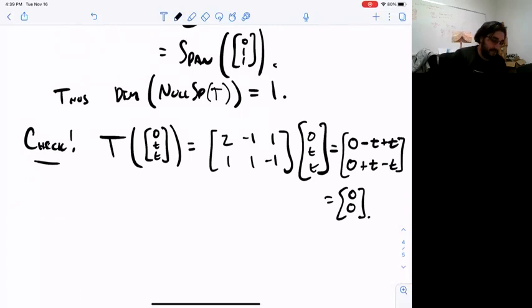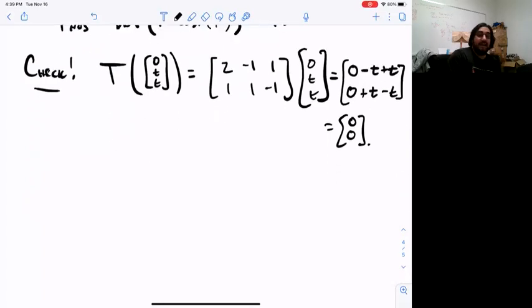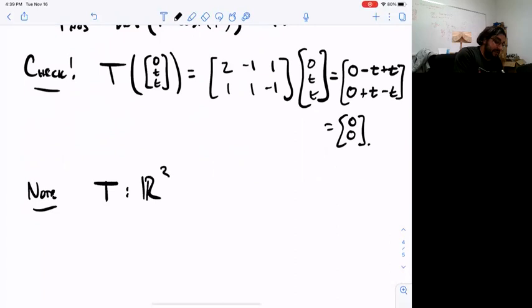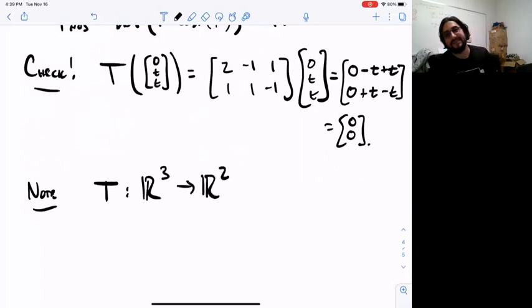So that's good. Now, I claim here it had to have a one-dimensional null space at least, because this T was mapping a three-dimensional vector space into a two-dimensional vector space, right? So something had to get collapsed.